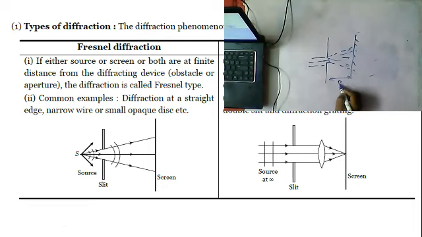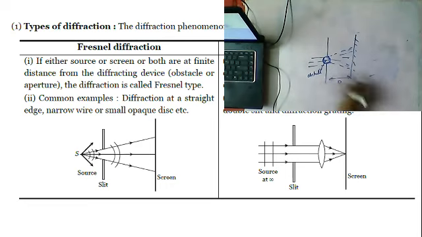The distance here is finite, and this is known and this is also known. This type of diffraction is called Fresnel diffraction. Either the source or the screen or both are at finite distance from the diffracting device. This small hole or small slit will act like an obstacle.